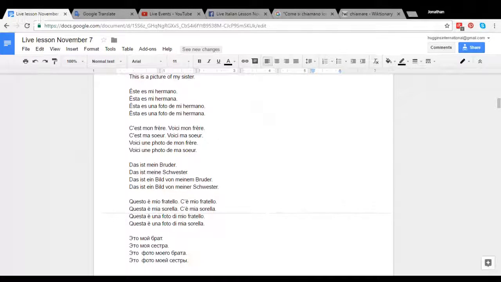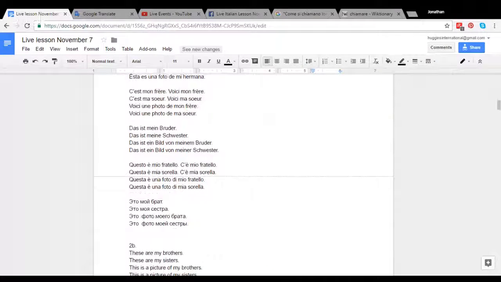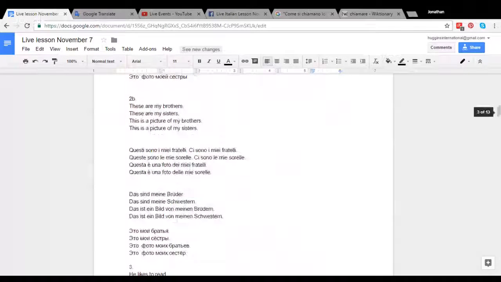But now in the plural, this is questi, as I mentioned, the I form is for the masculine plural, and questi, the E, queste, is for the feminine plural, and the they form for the verb to be is sono. So questi sono i miei fratelli.